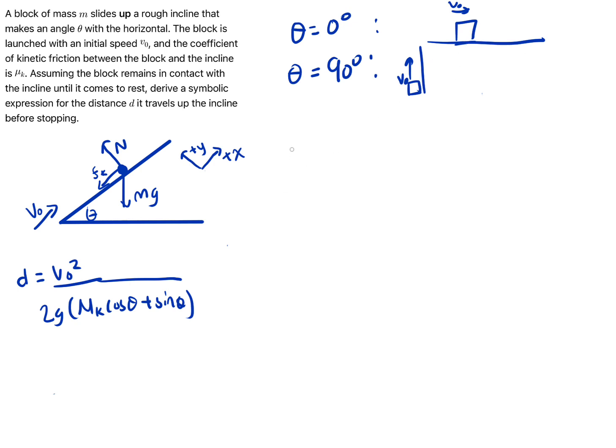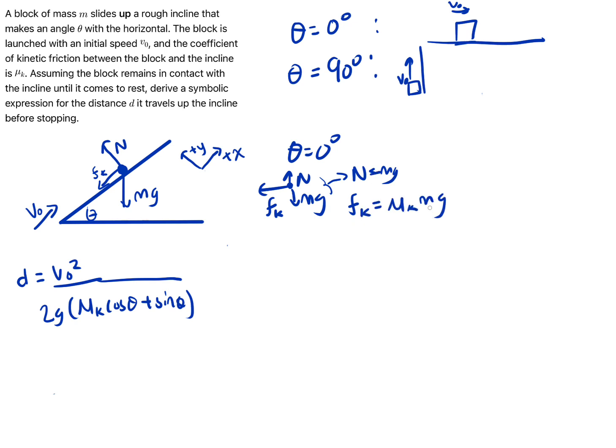So when theta equals 0, the only force acting on the block in the horizontal direction is the force of kinetic friction. And of course we have the normal force and mg.